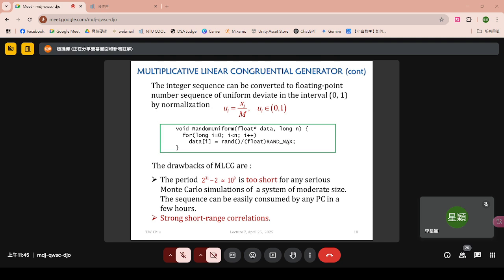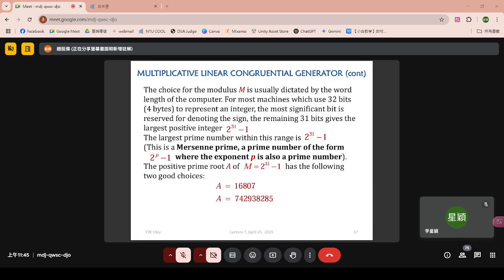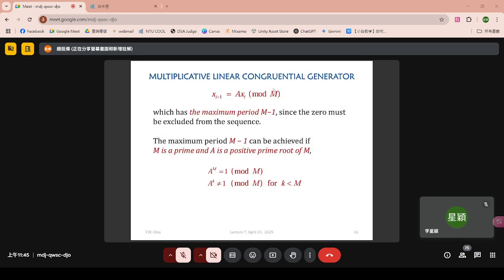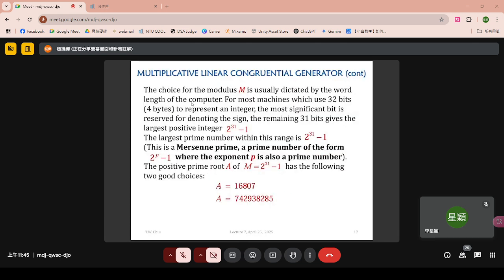Remember this code. This is the uniform random number generation, and rand is the system subroutine which implements the linear congruential algorithm. This is in Linux or any computing system.